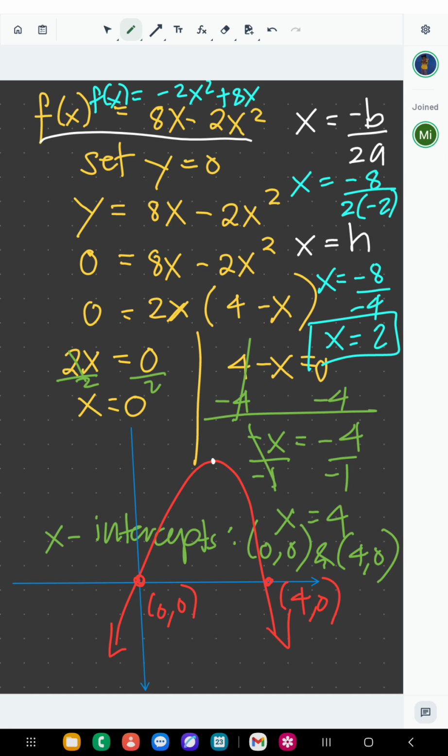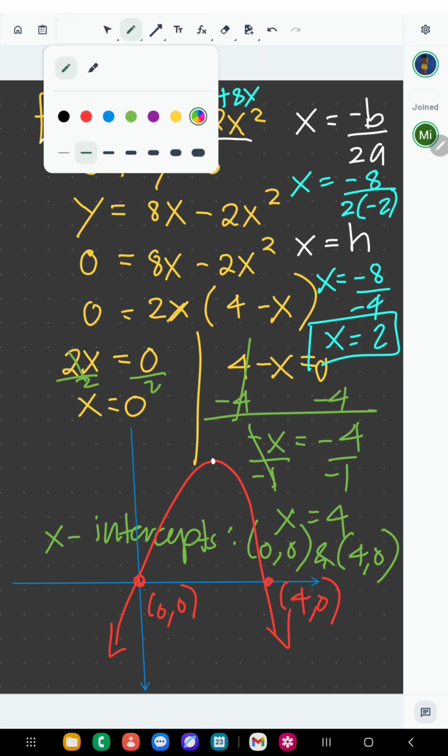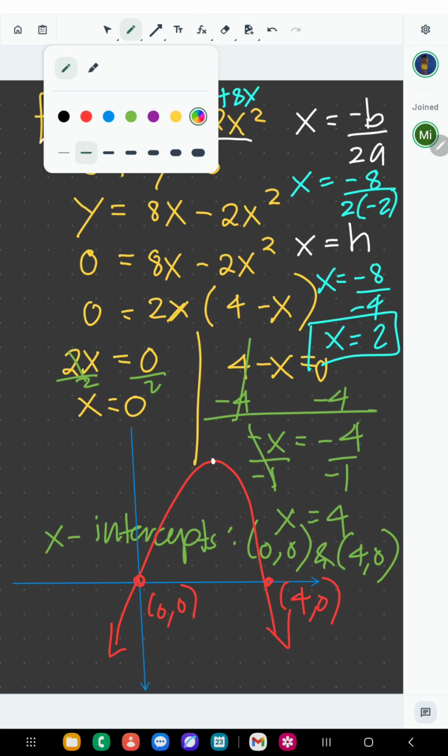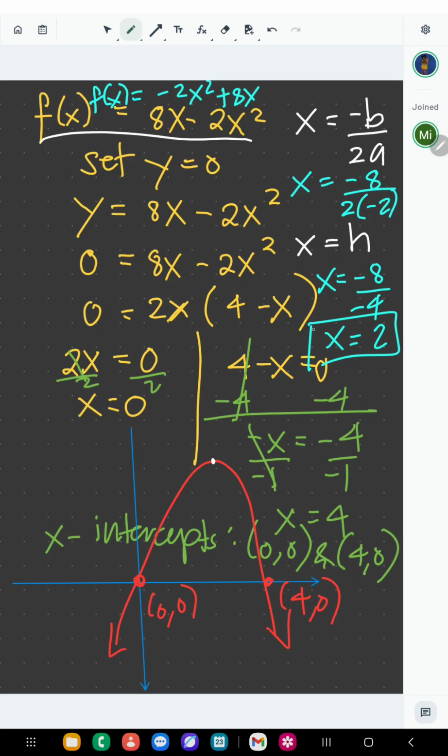And then to find the y coordinate of the vertex, you just plug in the value of x to the equation. Let me use another color. Because the axis of symmetry is x equal to 2, right?